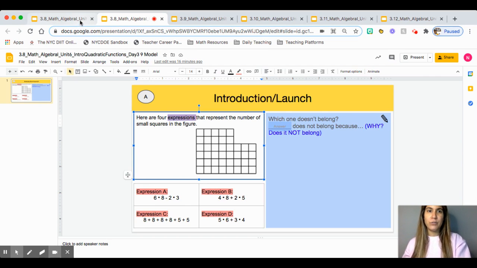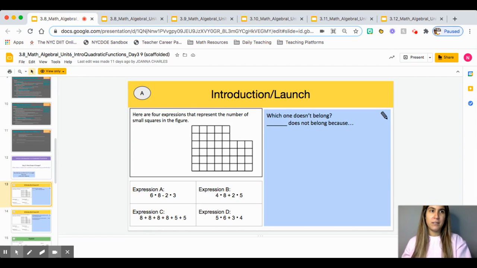So going back to this lesson, another way you can support our multilingual learners is giving them a different model or modeling how to approach this model.